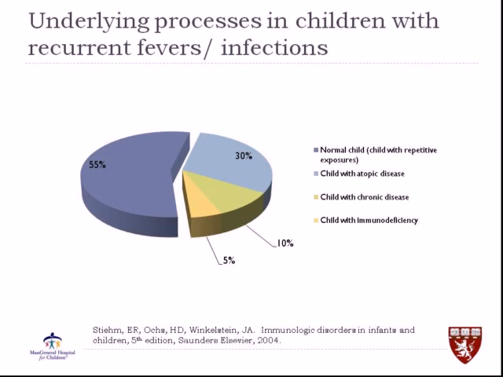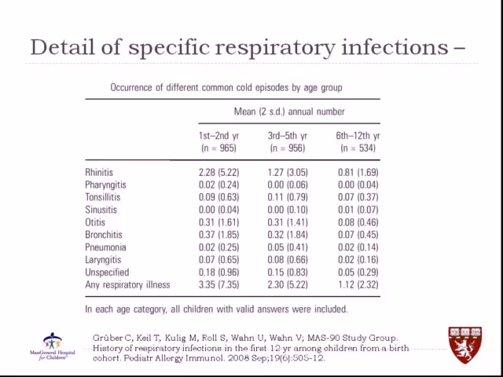And then I'm sure in your practice you do have your fair share of children with chronic diseases, those kids with IBD or with cerebral palsy or recurrent seizures, etc. And then the child with immunodeficiency makes only perhaps maybe up to 5% of all children with recurrent infections. And we will talk about this in just a second, hopefully.